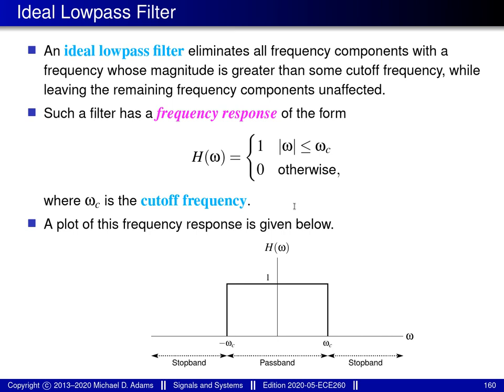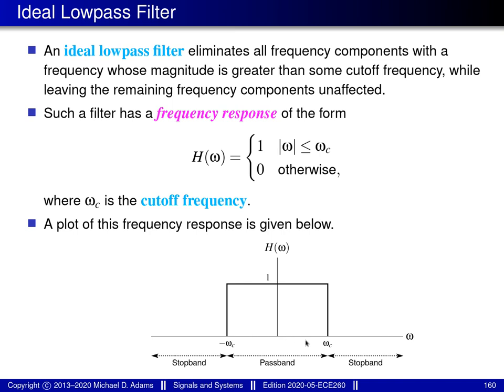And the frequency response of this filter is shown plotted at the bottom of the slide. So the frequencies for which the frequency response is 1 correspond to frequencies that are allowed to pass through the filter without change and constitute what is called the pass band of the filter. In this case, the pass band is going to be frequencies that are between minus omega c and plus omega c, in other words, frequencies in this range here.